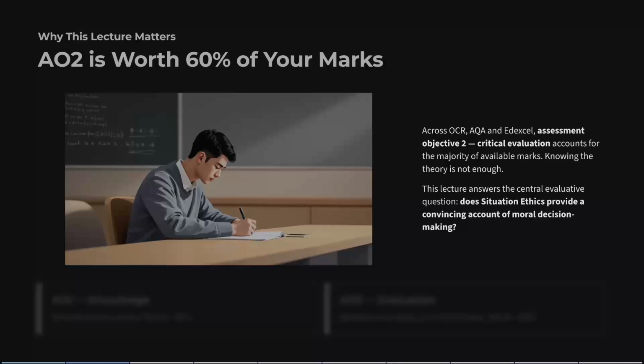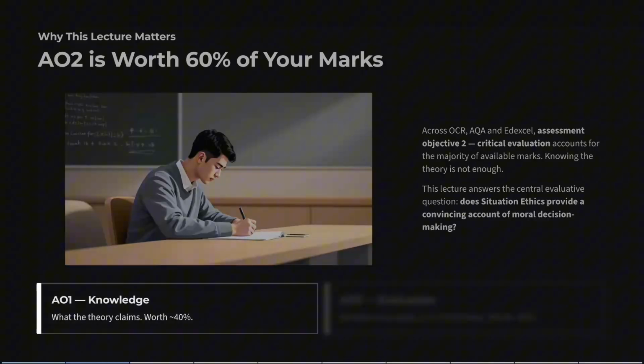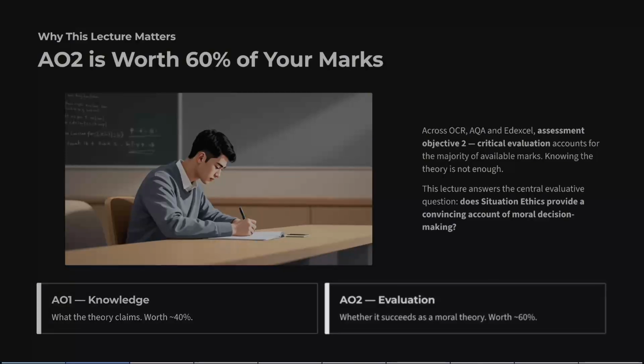So genuine evaluation means making a reasoned judgment, and it means asking which objections are serious and which can be answered. It means comparing situation ethics to alternative theories and asking whether those alternative theories do better. It means reaching a conclusion and defending it with an argument. Now, AO2 across all three exam boards rewards exactly this.